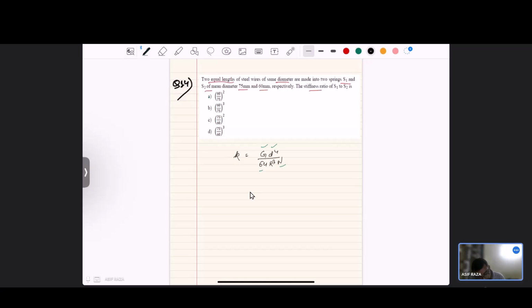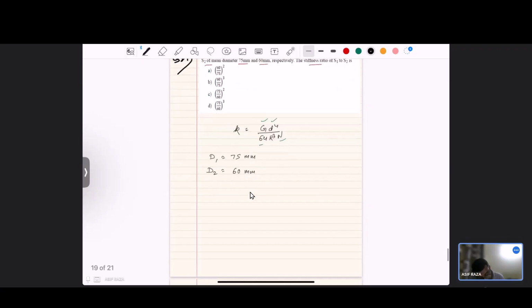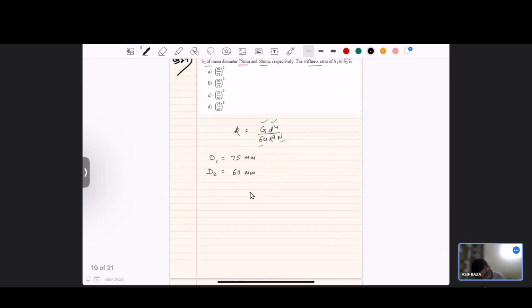So we are given D1 is 75 mm and D2 is 60 mm. Consequently, we can write R1 as 75 by 2, and R2 as 60 by 2.